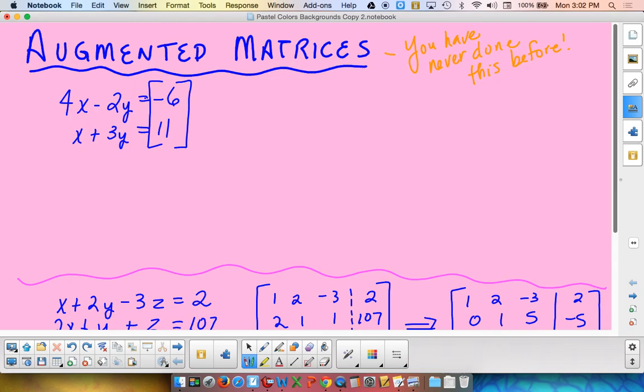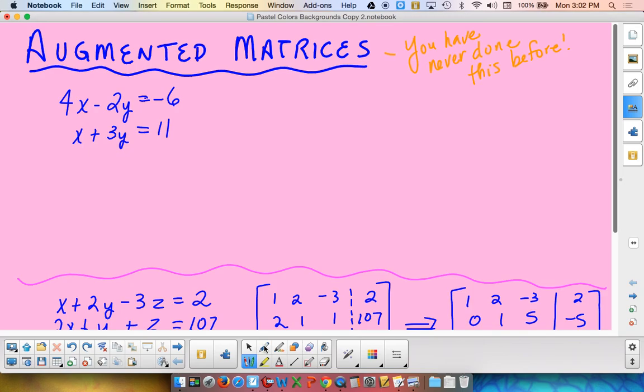Well, now we're not going to do that. Instead, we put all of it into one matrix. That's why it's called an augmented matrix, because it has both the x and y coefficients as well as the numbers it's equal to.